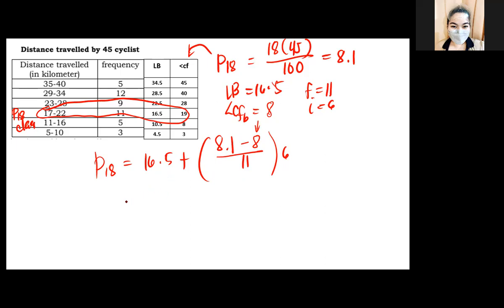Okay? So we have 16.5 plus 0.1 divided by 11 times 6. We have 16.5 plus, what is 0.1 divided by 11 times 6? 0.05.